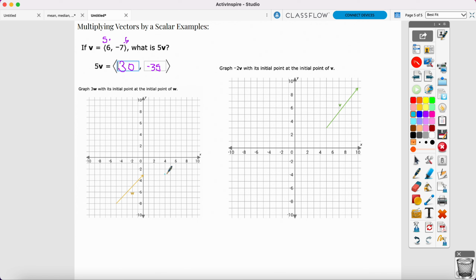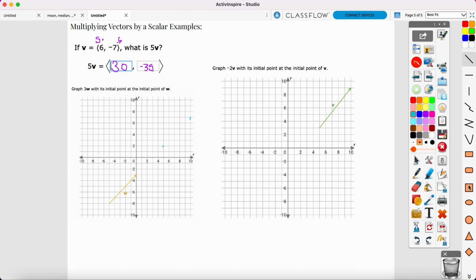So we need to go right 5 and up 5. And that would be twice the size, and then we go right 5 and up 5 again. There's 3 times the size. If we connect those points, that creates our vector 3w.